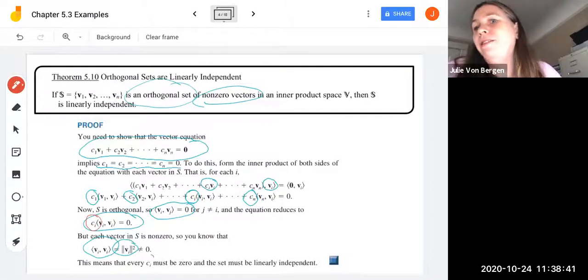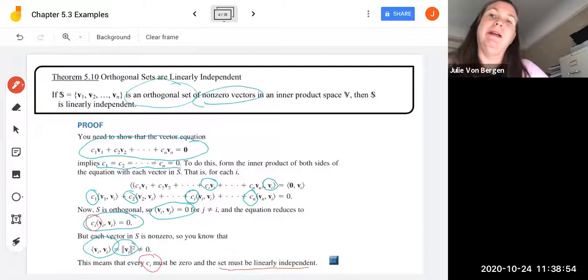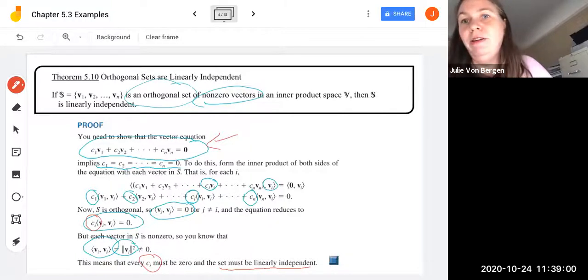So that's true for every Ci. We could go through i equals 1 through n with this process and show that every one of these constants must be 0. And so the set must be linearly independent. That's the only way we're going to get the equation C1V1 plus C2V2 added all the way through CnVn equals 0. We just showed only if each Ci is 0.